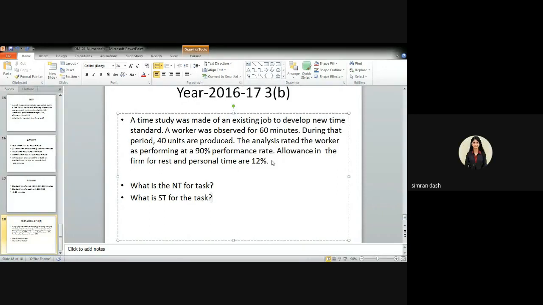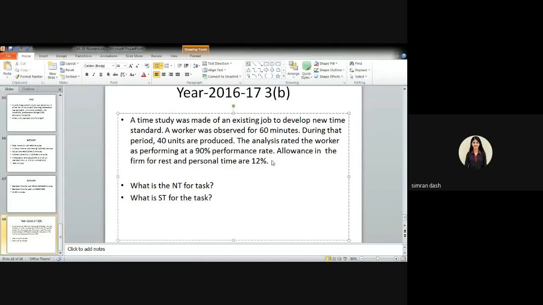So, why are we doing the time study question with the work sampling technique? Both the work sampling technique and the time study technique are used for calculating the standard time.